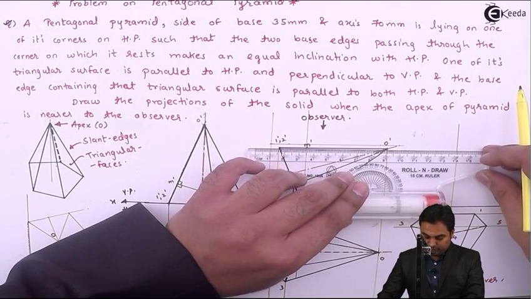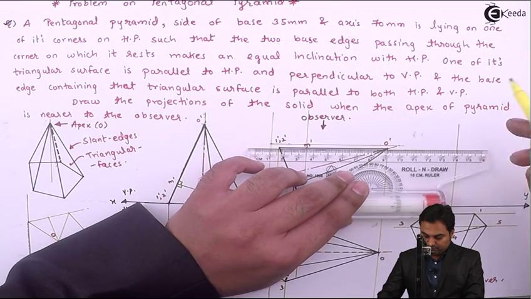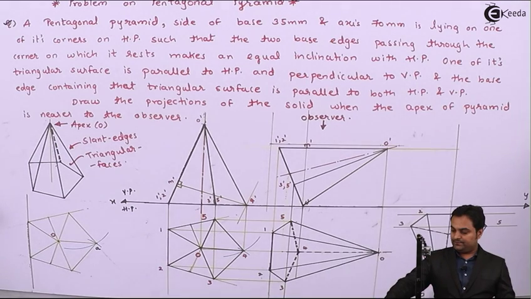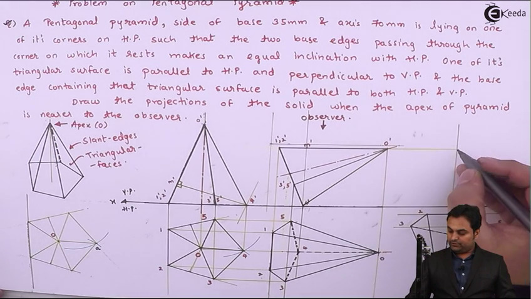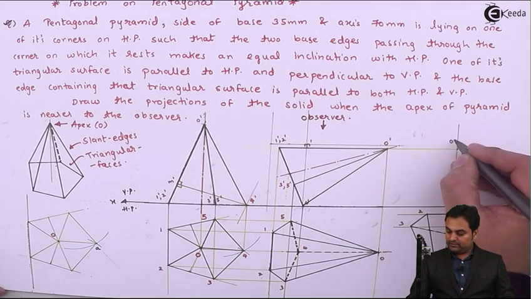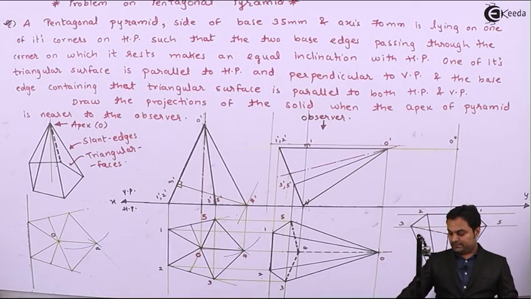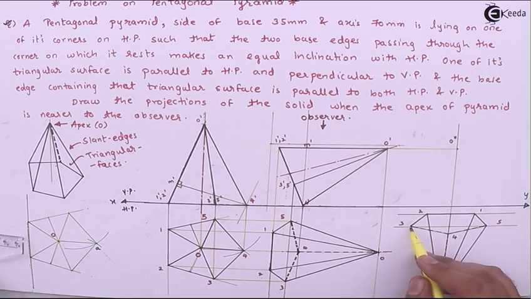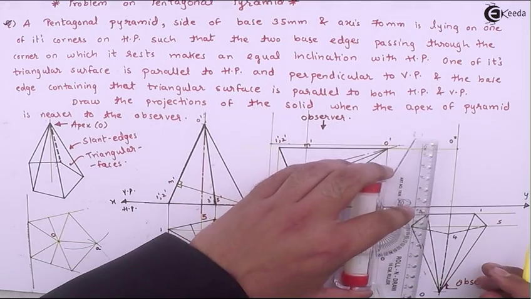Here O from the top view and O dash from the front view gives the apex, which is point O double dash. Next, after that, the points 3 and 5, they will be projected.